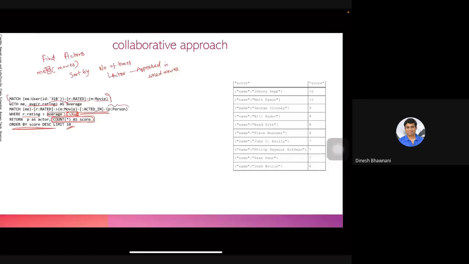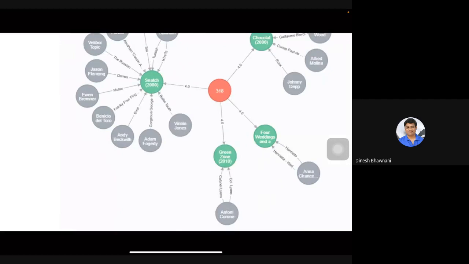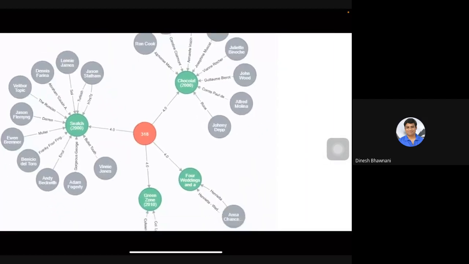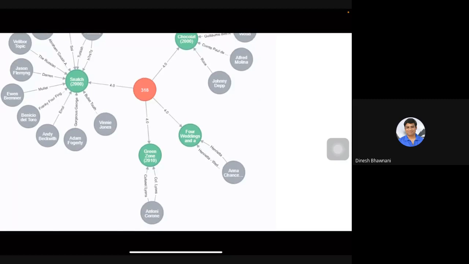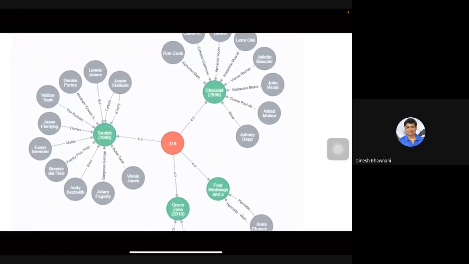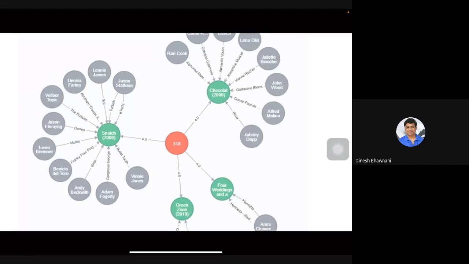So can we illustrate this? We can. This is how it looks. 318 in relation to 4-star movies.